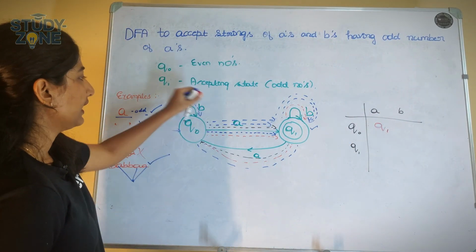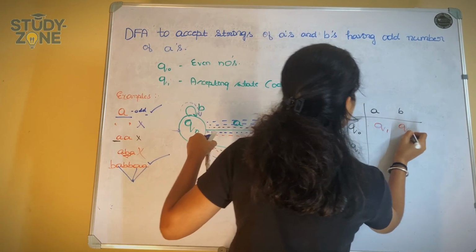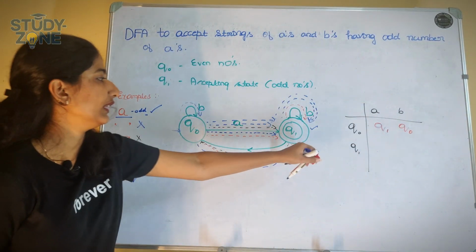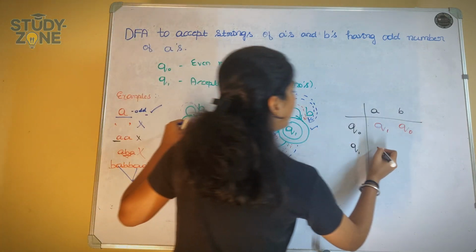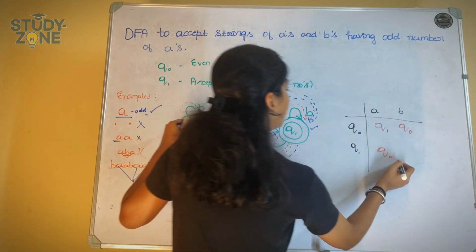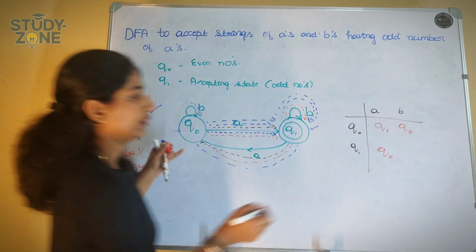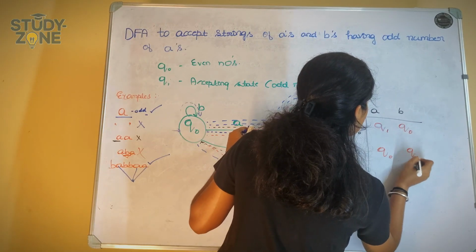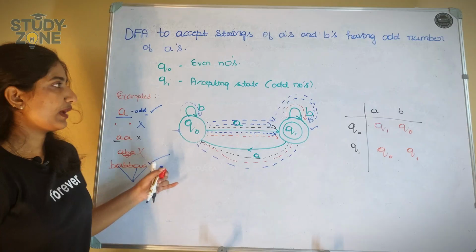Q0 on B will stay in state Q0 only. Then Q1 on A moves to Q0 only. And Q1 on B will stay in Q1 state. So this is how we write the transition table.